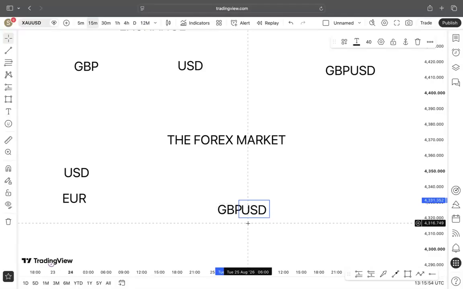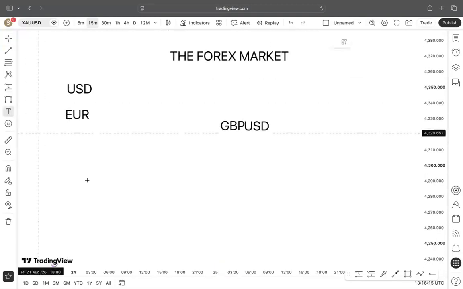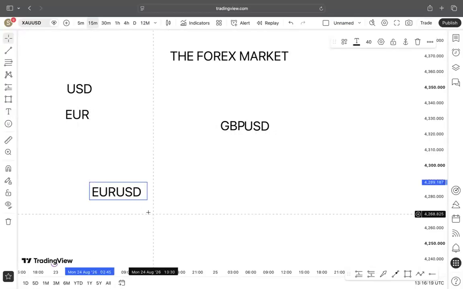So every transaction in the forex market involves a simultaneous buying of one currency and selling of the other. If you are buying one currency, you are selling the other, and if you are selling one currency, you are buying the other. Take for example another pair, the EURUSD. Buying the EURUSD means you are buying euro and selling USD.